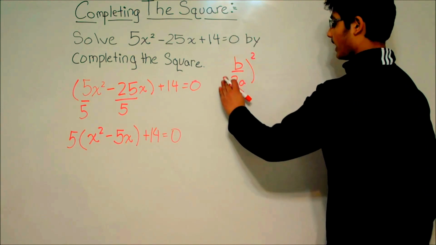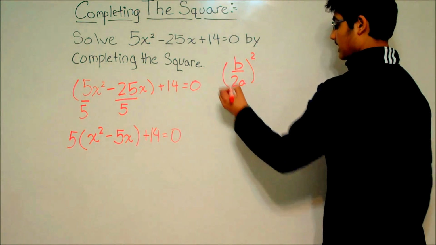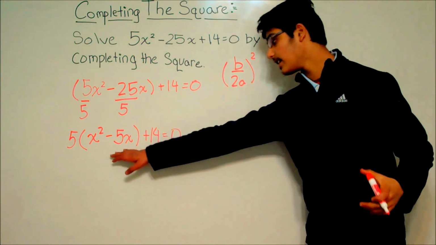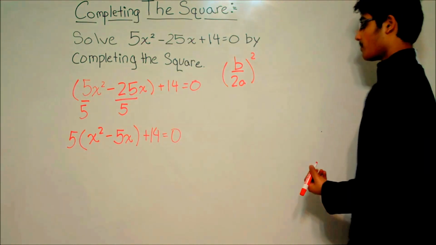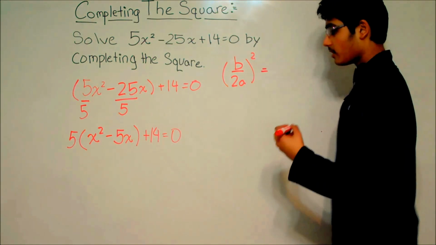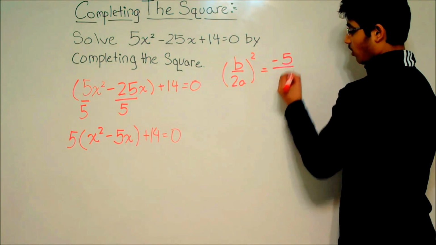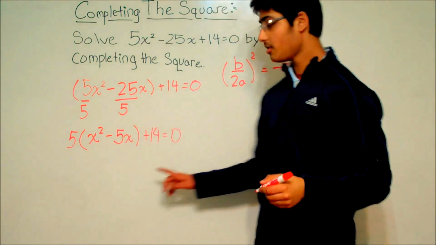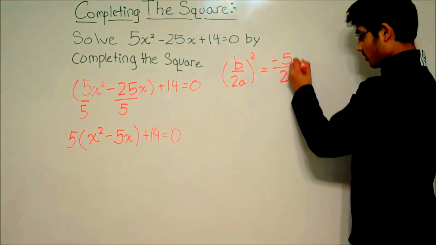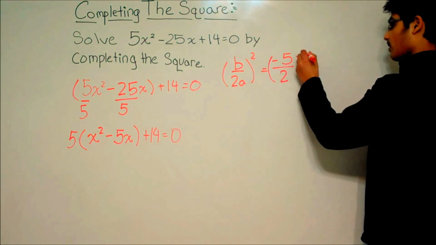So b over 2a squared is the c value that goes to make this a perfect square trinomial. The b value is negative 5 over, the a value is 1, and 2 times 1 is 2, squared.